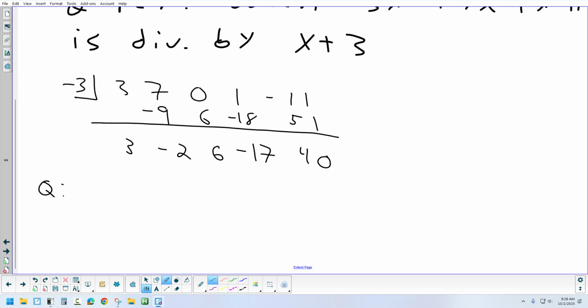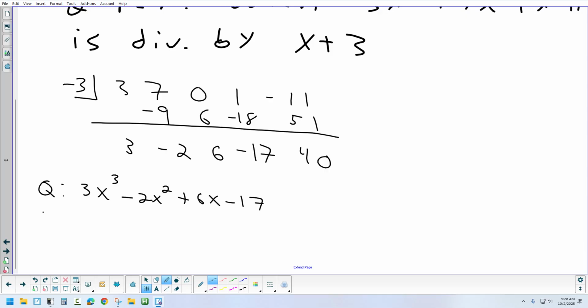Okay, what's my quotient? Yeah, 3x cubed minus 2x squared plus 6x minus 17.